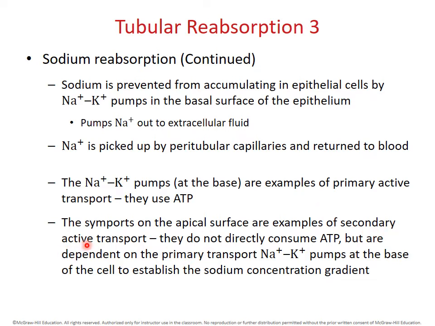Secondary active transport is when we can transport materials, sometimes against their own concentration gradient, but the energy used to do that was actually spent somewhere else. In this case, the energy is used by the sodium-potassium pump, and then that drives the movement of sodium elsewhere in the body. In this case, the apical surface of the cell and into the peritubular capillaries.